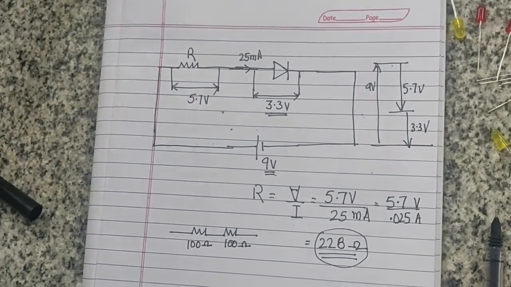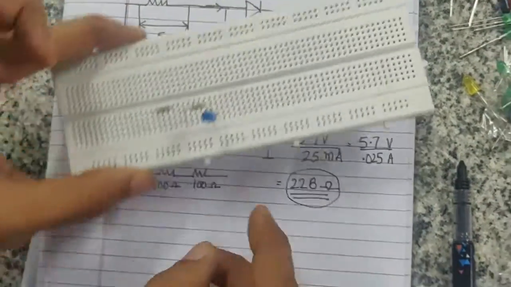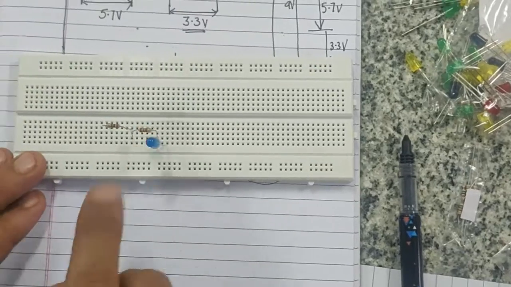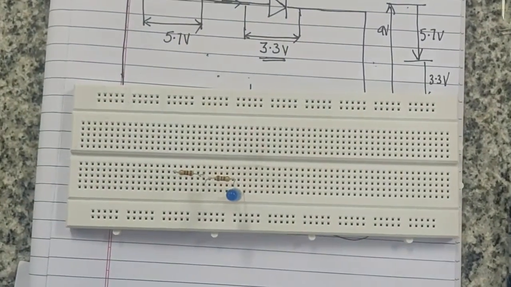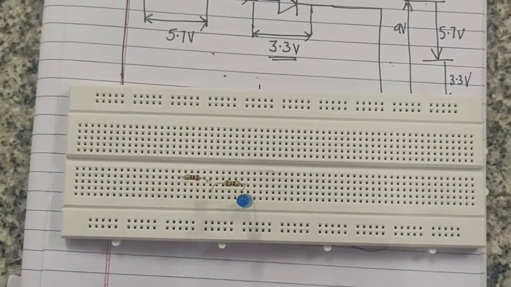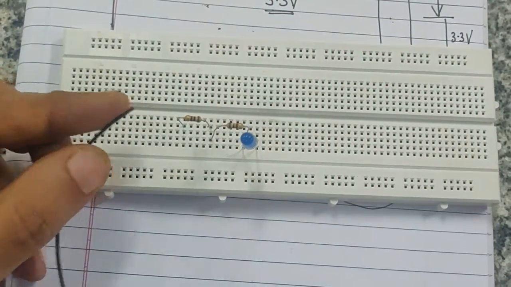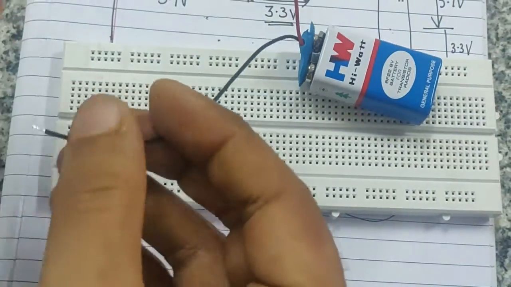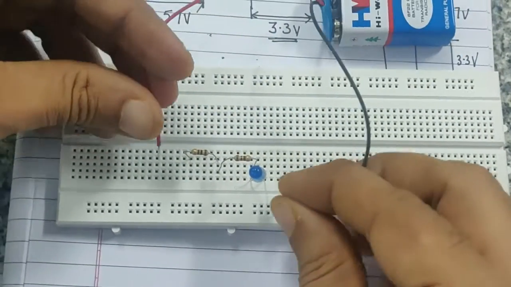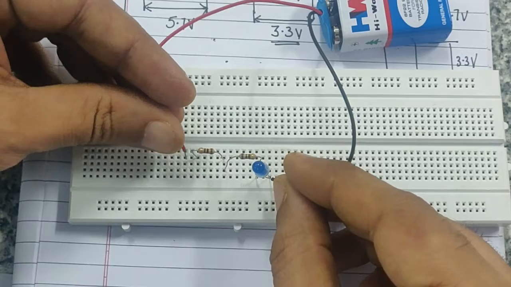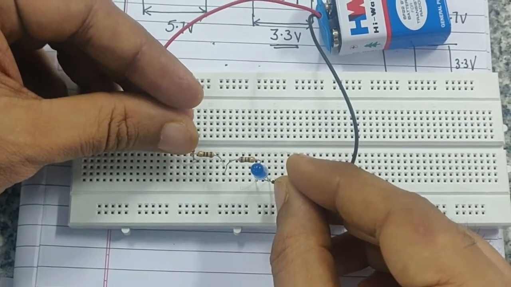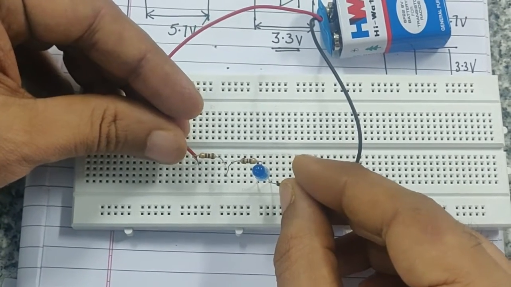Here in this breadboard, I have the LED connected to two of these resistors in series. Once I have that, let me give the power from the 9-volt battery. It's not glowing, and I know that's because of the polarity.